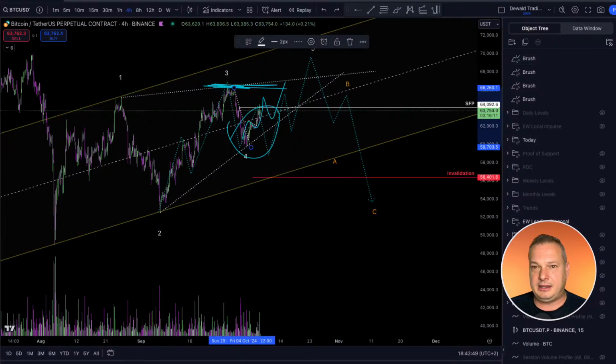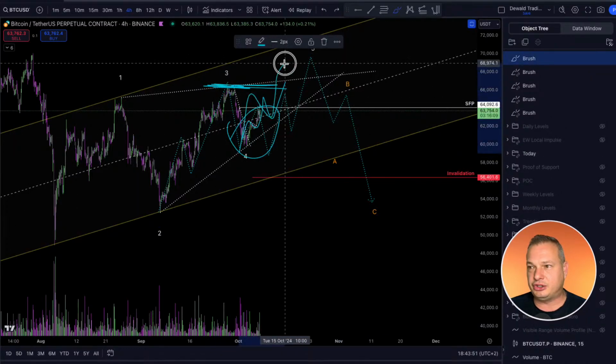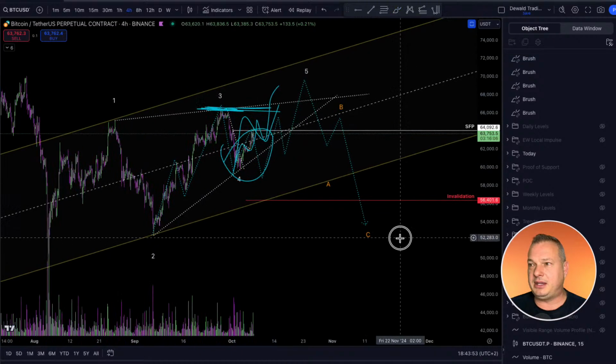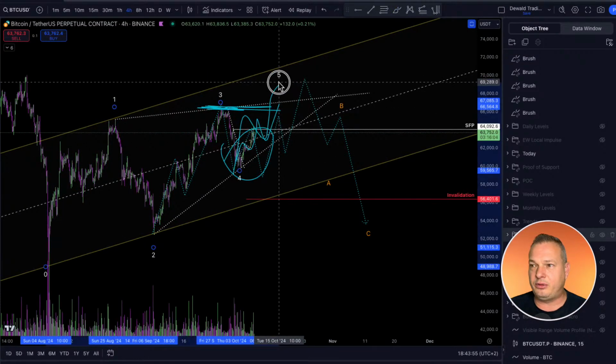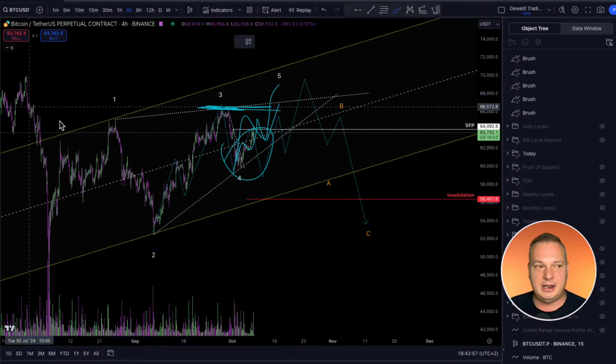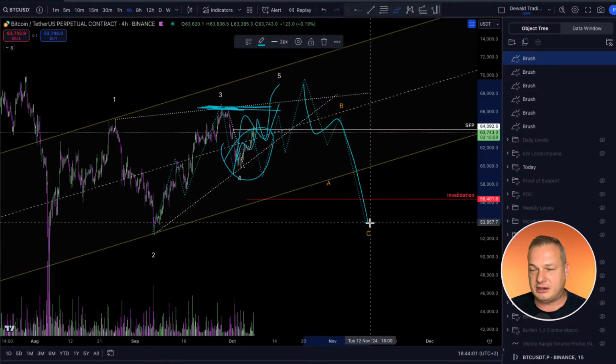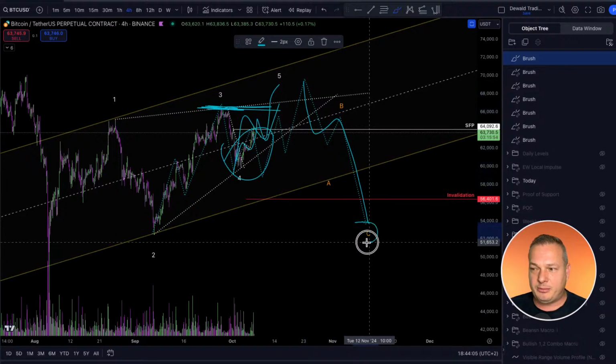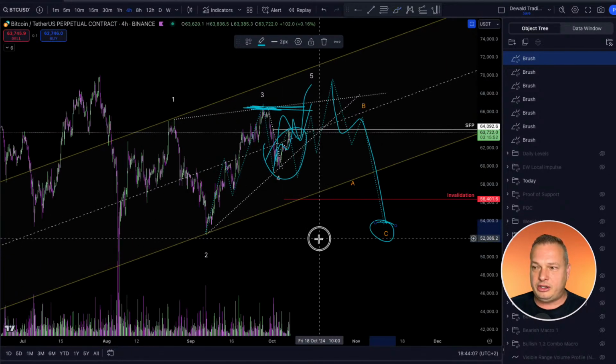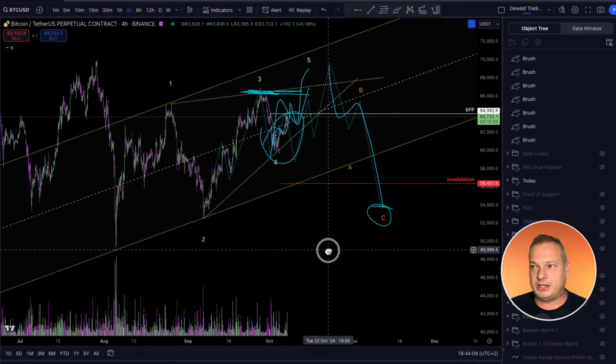Let's say, just play it out, let's say price action shoots up here, then it basically means that the fourth wave is in, the fifth wave is in, and we could potentially expect a larger three-wave structure to the downside that's going to make the world extremely bearish. We're going back to $40,000, only to then form a higher low for continuation to the upside.